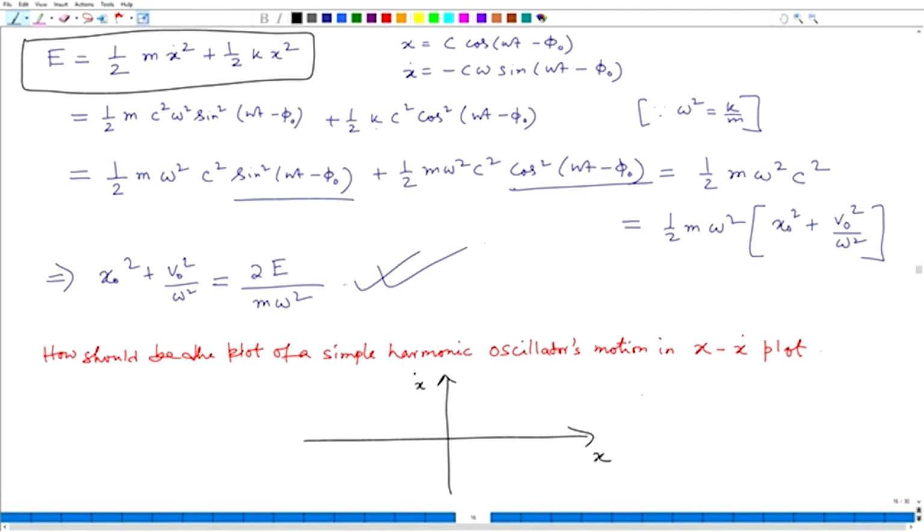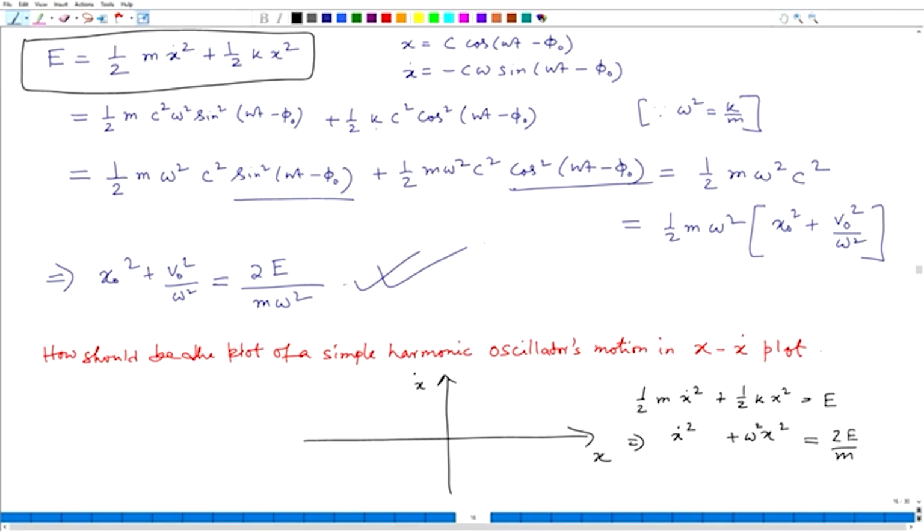I can say that the correct way of writing this in a compact way, you can write half m x dot square plus half k x square is equal to E. Then if I now take this and do something like this, you will see that it would be much easier to understand: x dot square plus omega square x square is equal to 2E by m, because what I did here, I just multiplied everything by 2 by m, and omega square is nothing but k by m.